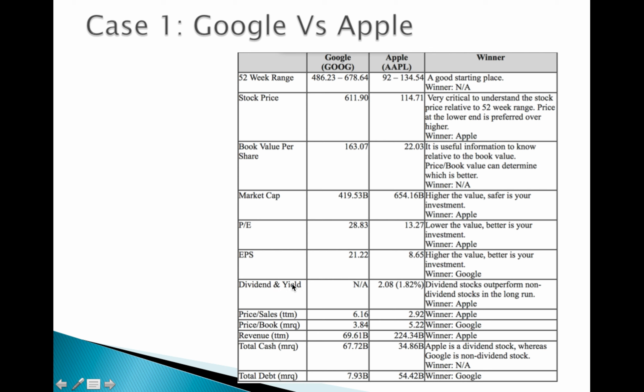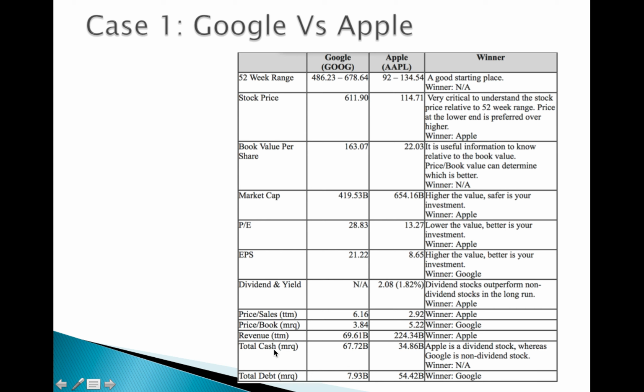Dividend and yield. There is no dividend from Google. There is 1.82% dividend yield from Apple. So winner is Apple. Price to sales ratio and price to book ratio, both lower the better. So when it comes to price to sales ratio, Apple is the winner. Price to book ratio, Google is the winner. Revenue, more the better. The winner is Apple.